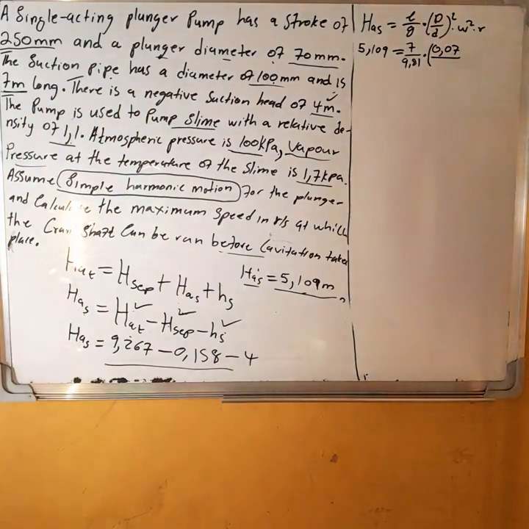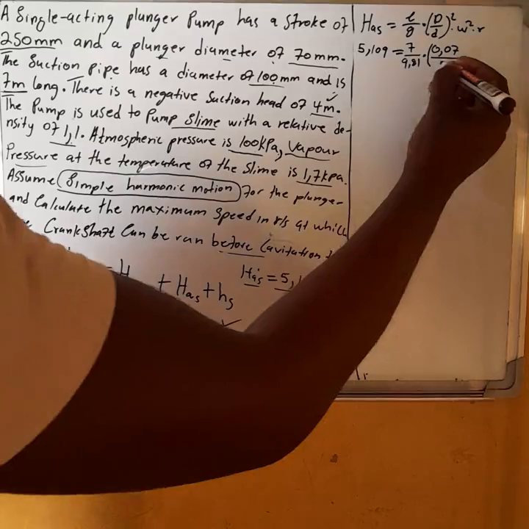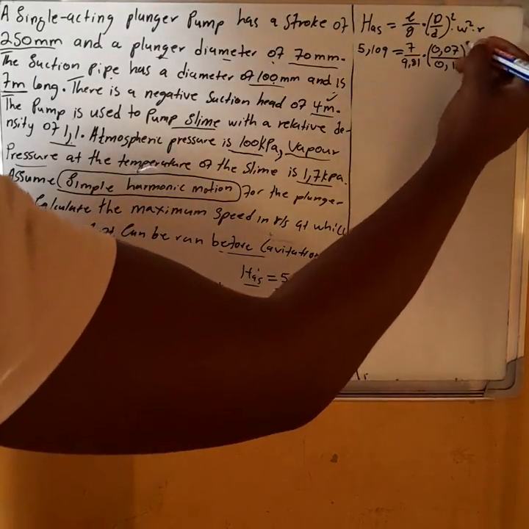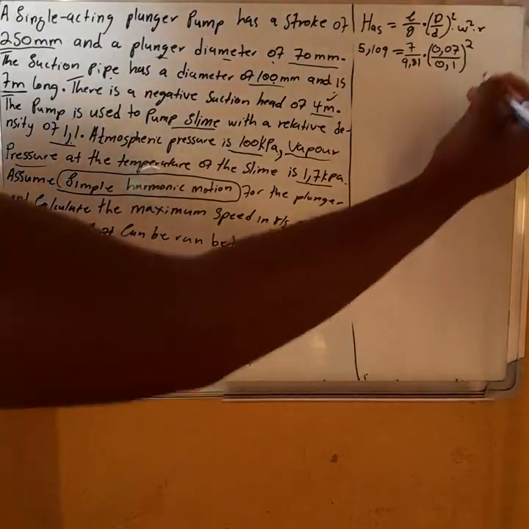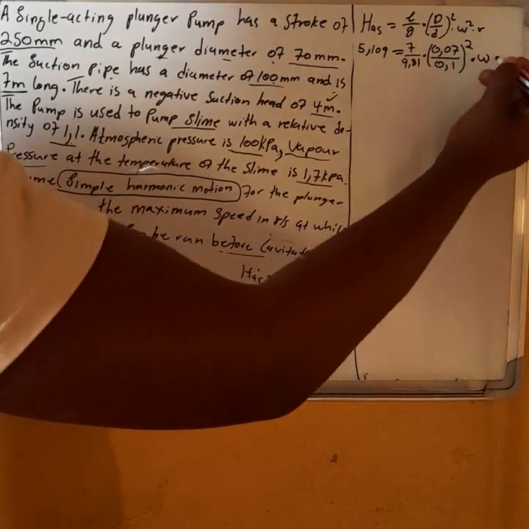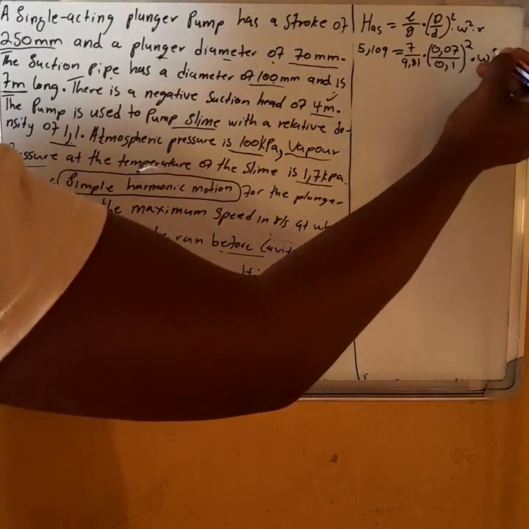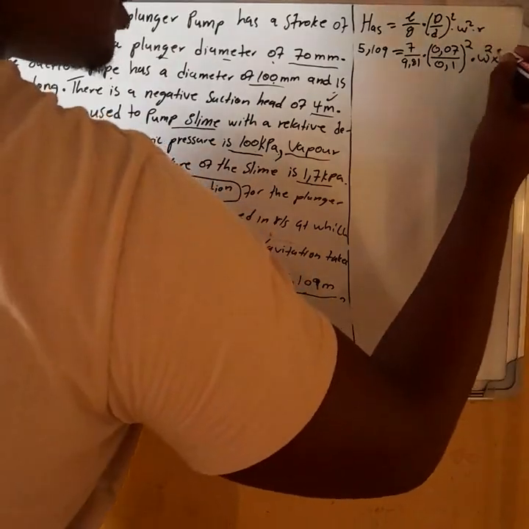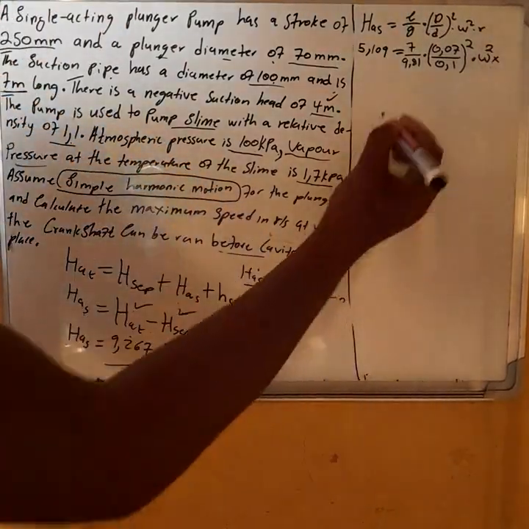All of this is squared, then multiplied by r, which is the angular view we're looking for.